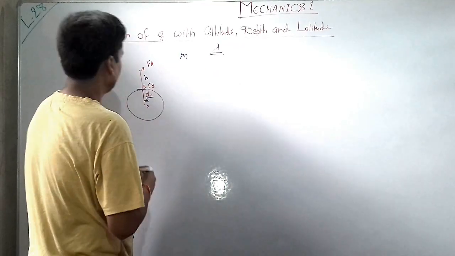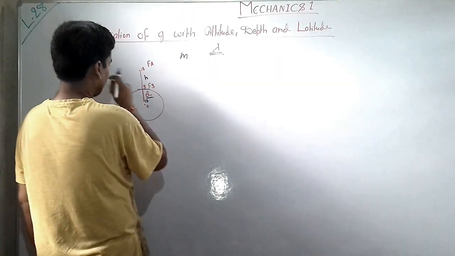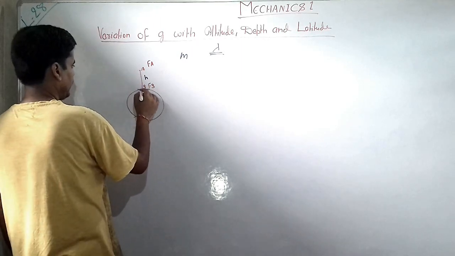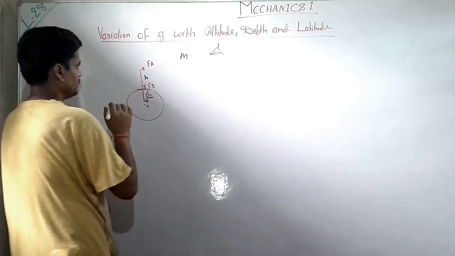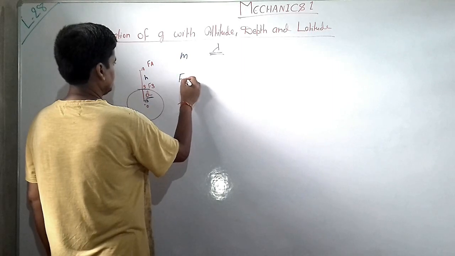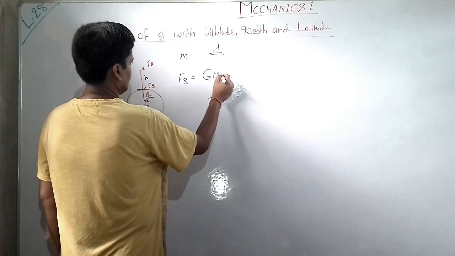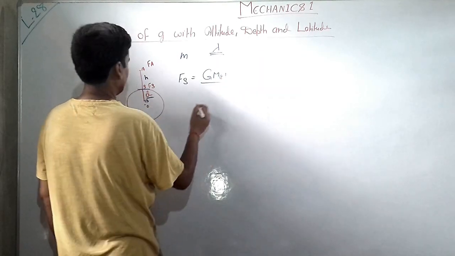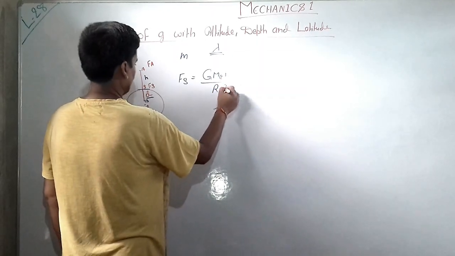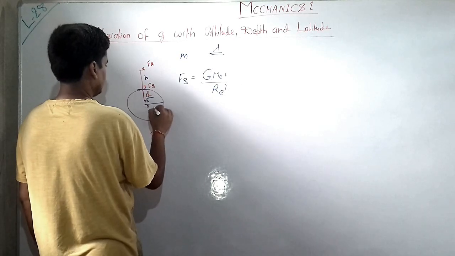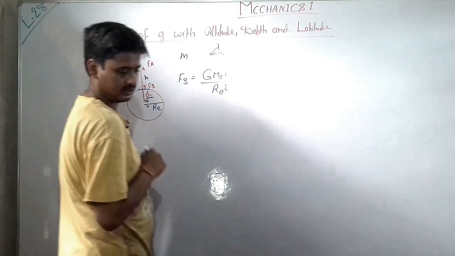So first of all, the gravitational force at point S, which is the surface of the earth, Fs, is G m_E m divided by R_e square. Here R_e is the radius of the earth.